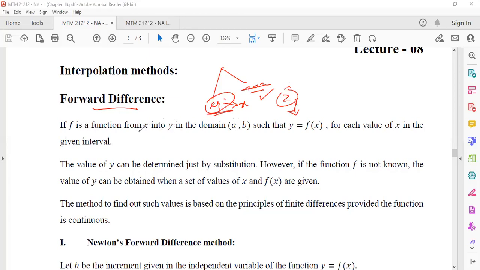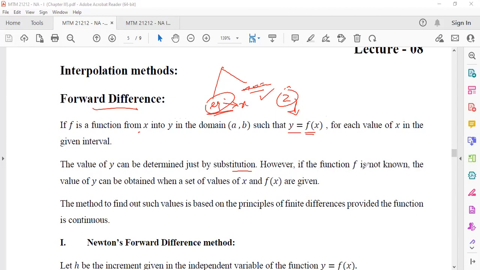If f is a function from x into y in the domain a, b, such that y is a function of x, then for each value of x in the given interval, we can find y by putting in the x values. The value of y can be determined just by substitution.